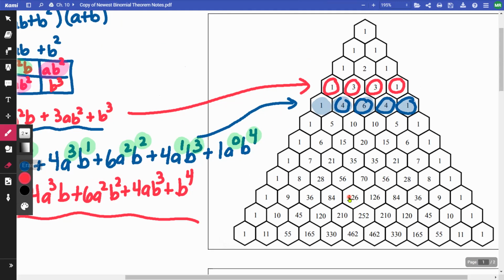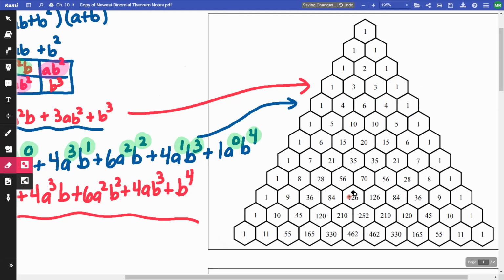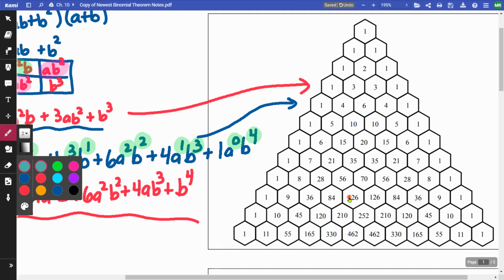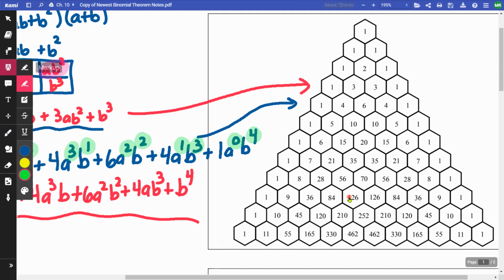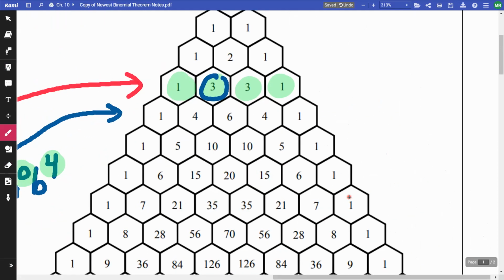So if I am looking at, for example, let's say this row right here, 1, 3, 3, 1, okay? Since this is a 3, what this really is is 3 choose, okay?